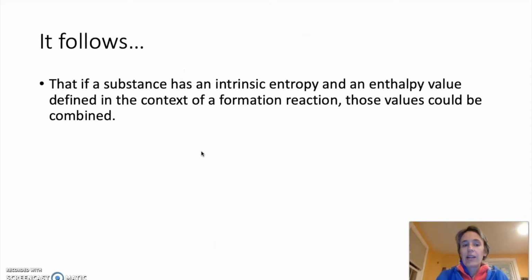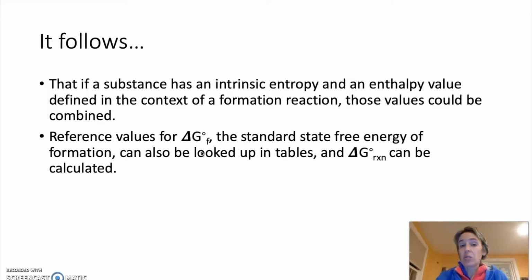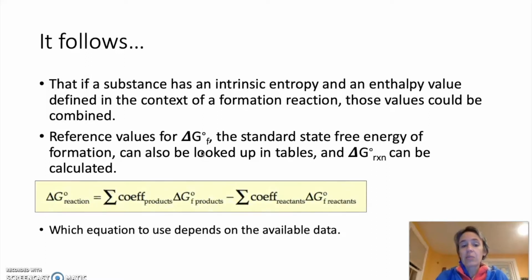So yeah, it follows that, if the substance, like aluminum oxide, for example, has some intrinsic entropy and this enthalpy of formation value, that you could kind of combine those terms according to that G equals H minus temperature times entropy.